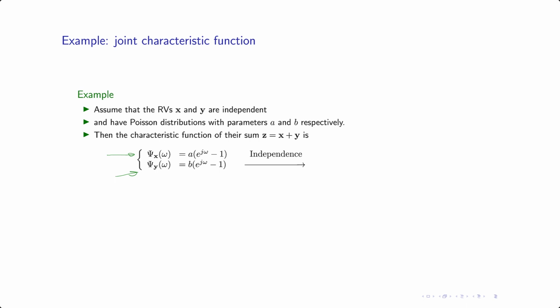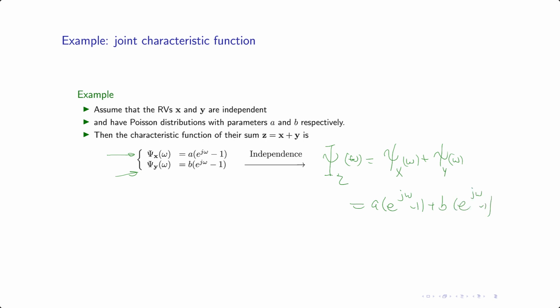And because they are independent, I could say that the second characteristic function of Z at omega becomes equal to the second characteristic function of X at omega plus the second characteristic function of Y at omega. And this one is equal to a times (e to the power of j omega minus 1), and then plus b times (e to the power of j omega minus 1).